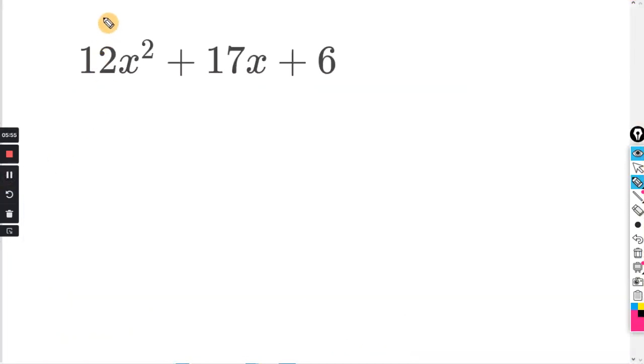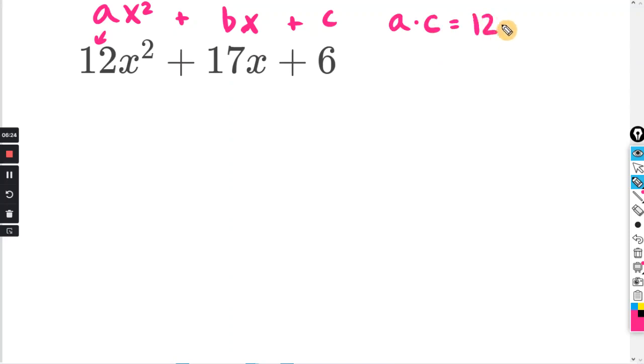All right, one more. These are all in the form of ax squared plus bx plus c. So we can just match up our coefficients. A is 12, B is 17, and C is positive 6. All right, so we're going to start with A times C. A is 12, C is 6.